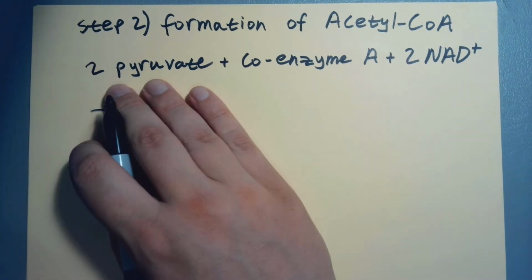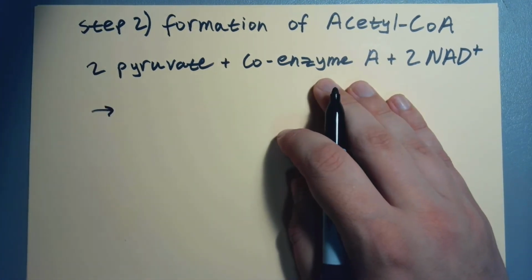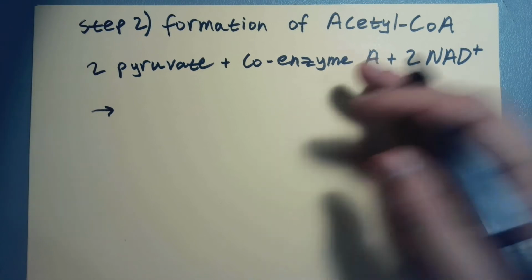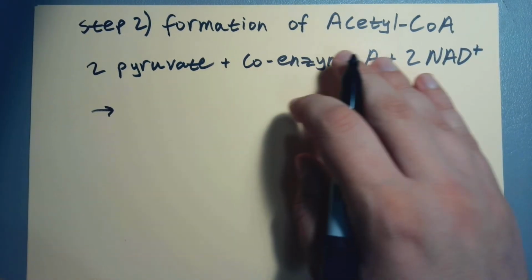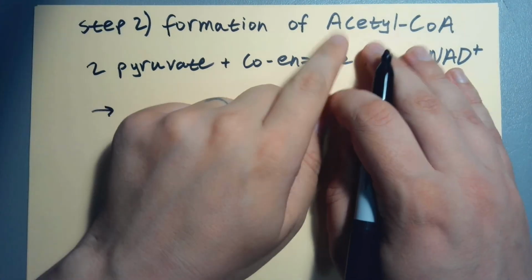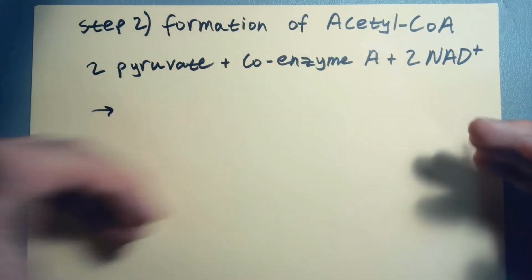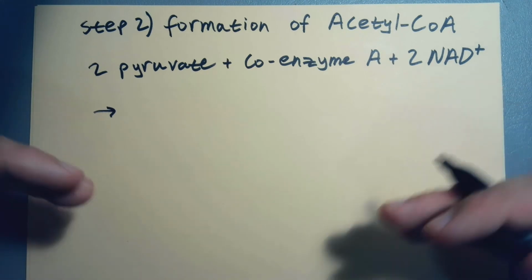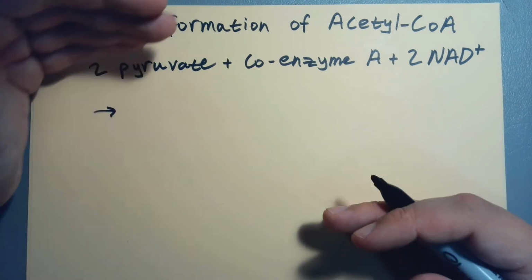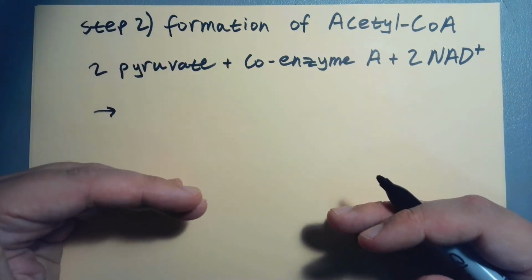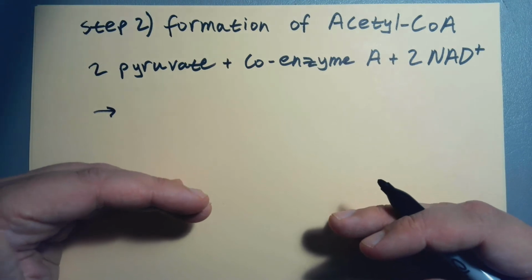So we take our 2 pyruvates and our coenzyme A, and we're actually going to turn it into acetyl-CoA, and this is often called the carbon currency of the cell. This is kind of where a lot of those other pathways link in. There's different ways of making acetyl-CoA. What we're talking about is how we make it out of a carbohydrate, specifically glucose.